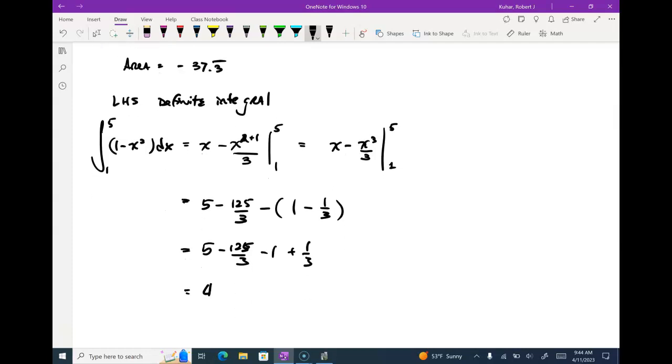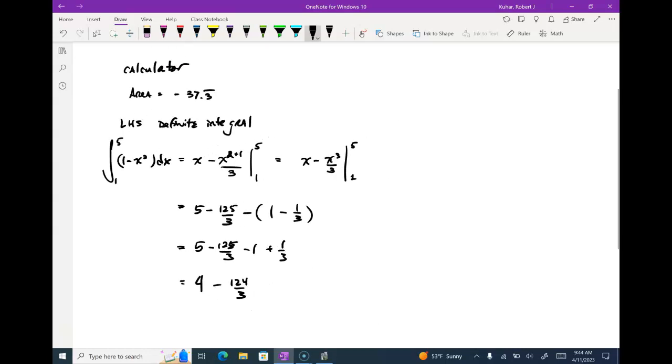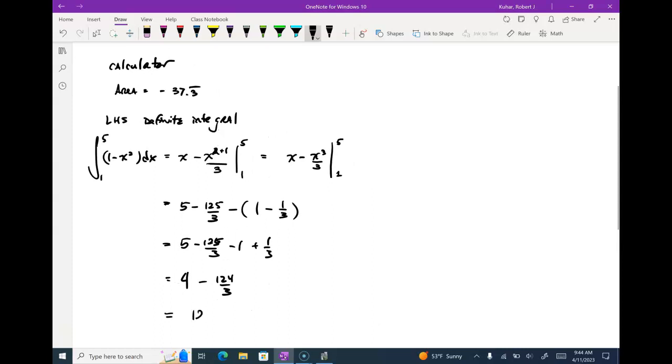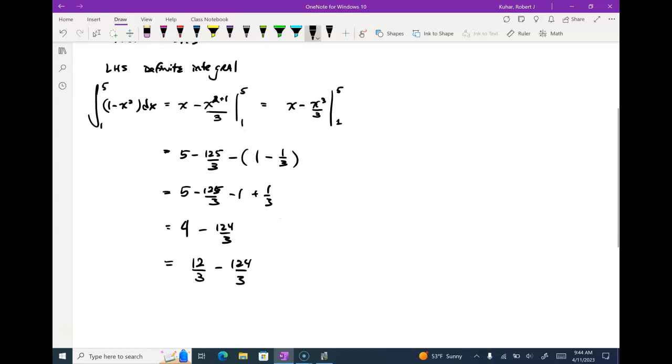So I get 4 minus 124 over 3. I got 12 over 3 minus 124 over 3. So I have what? Minus, help me, 112 over 3. No problem. 112 divided by 3, 37 and a third.